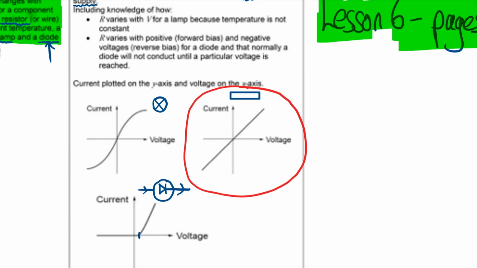So what we would expect, voltage on the horizontal, current on the vertical, that when we plot our points now, we'd expect this type of linear relationship between voltage and current, meaning that when we increase the voltage, we increase the current.